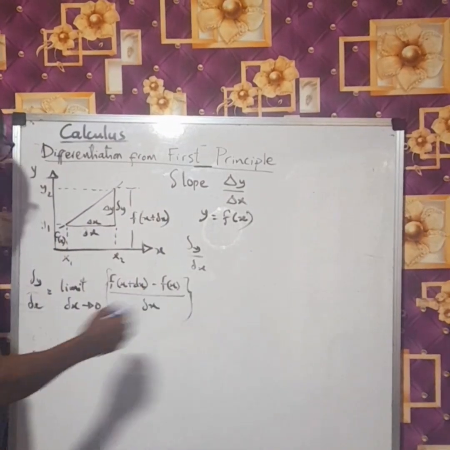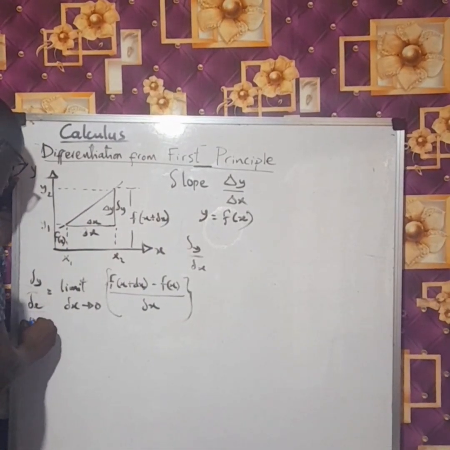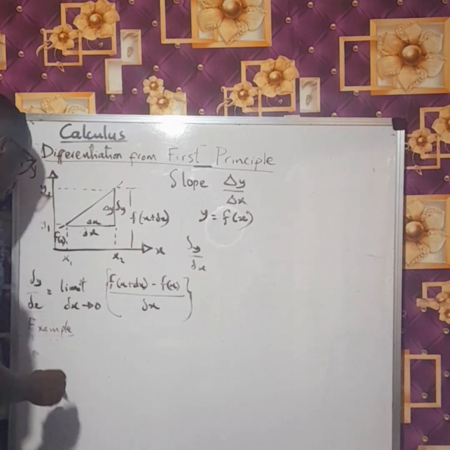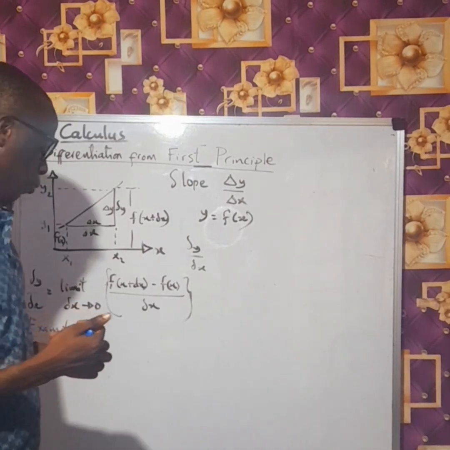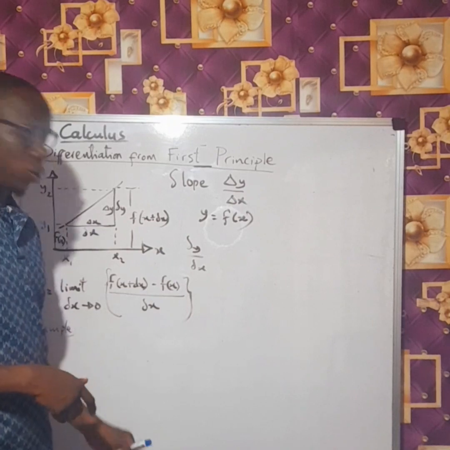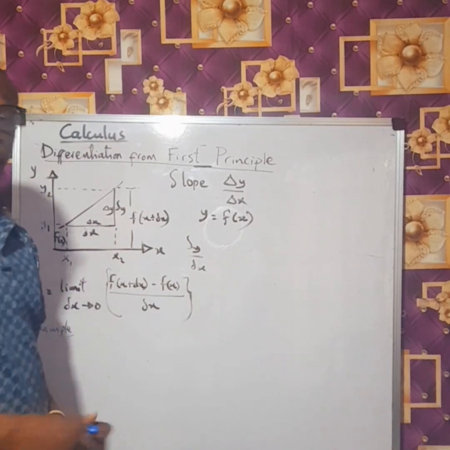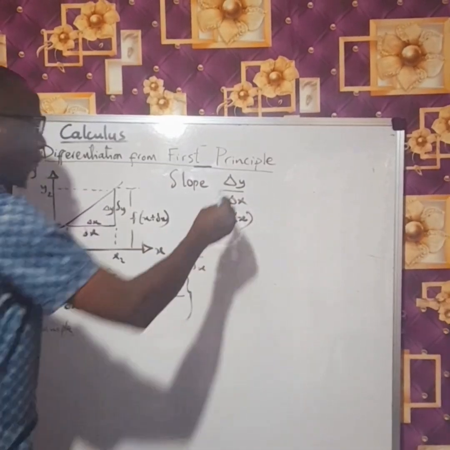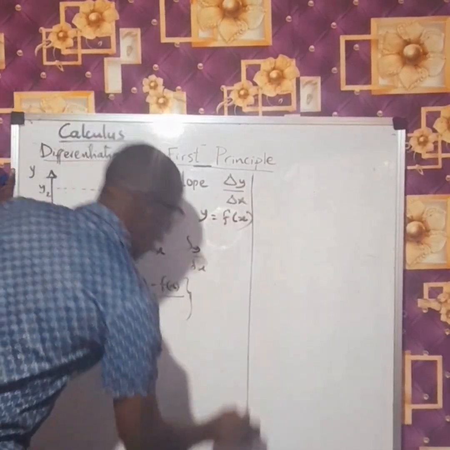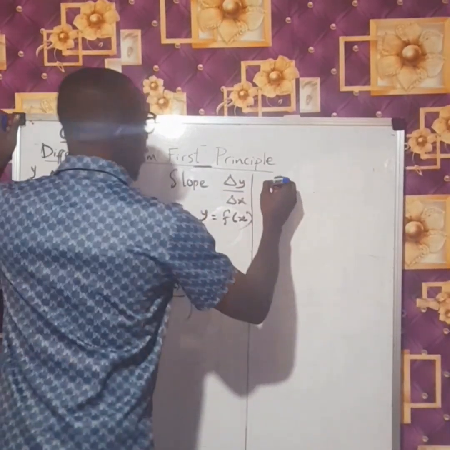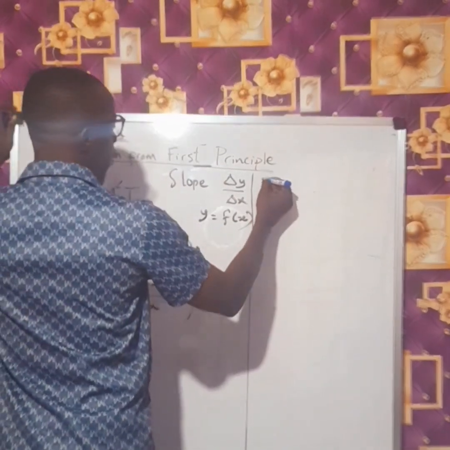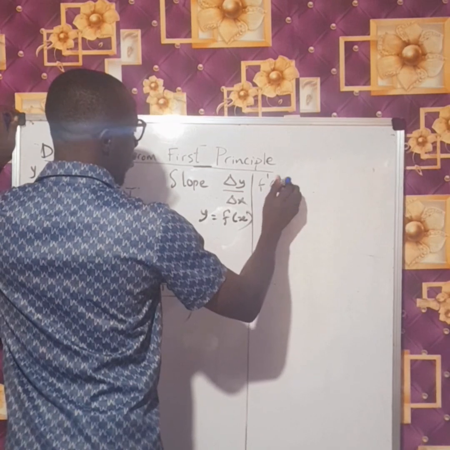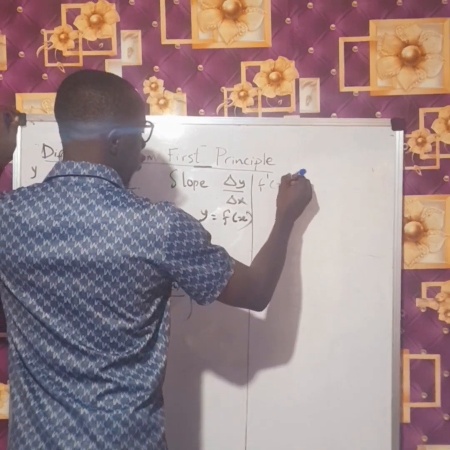Now let us take an example. Let me say I'm asked to differentiate from first principle x squared. So to differentiate from first principle x squared, I have f of x in this case now is x squared.